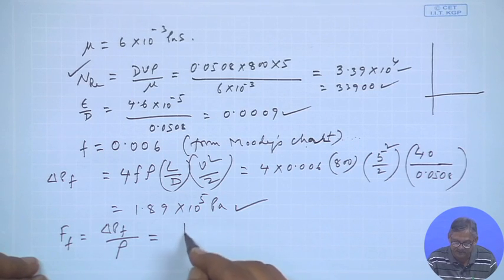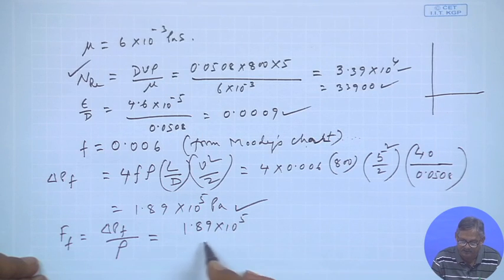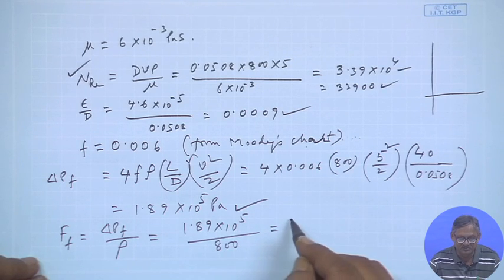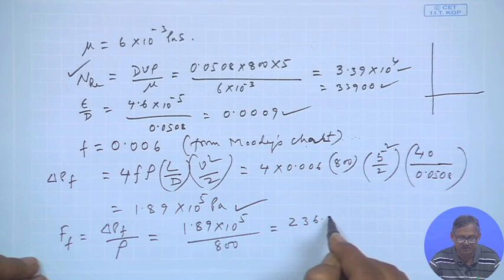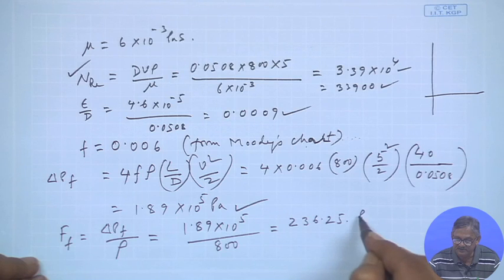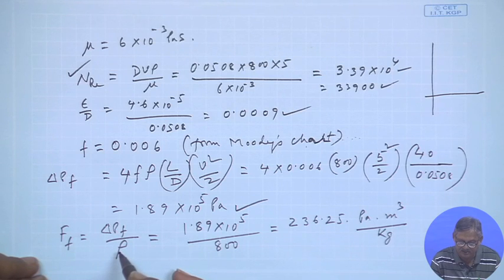So, delta PF is already found out, 1.89 × 10^5, divided by rho, which is 800. This comes to 236.25. The unit will be Pascal meter cube per kg, right. This was Pascal, this is kg per meter cube, so Pascal meter cube per kg.